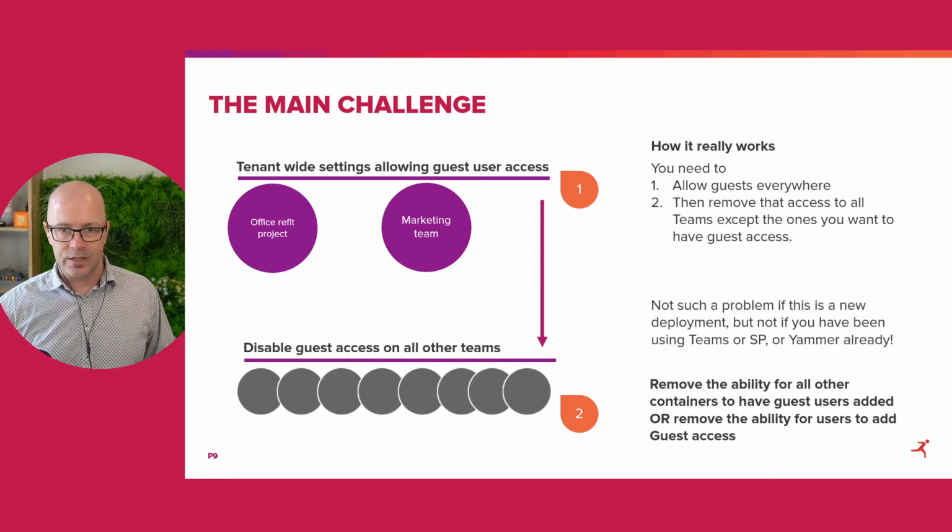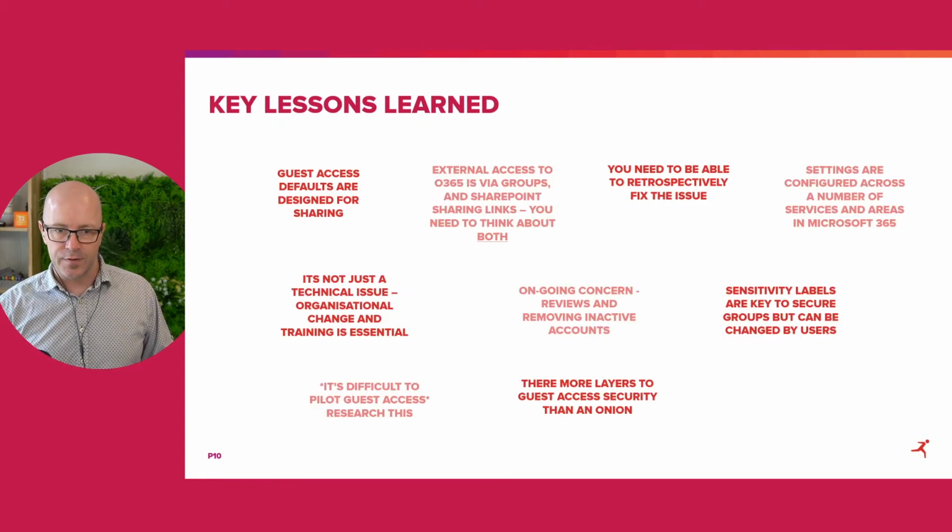And so this really is quite topsy-turvy in terms of how we usually think about it. Now it's not so much a problem for deployment, but when you're thinking of Teams, SharePoint sites, and Yammer groups that you might already have within your organization, there's quite a complication about having to go back retrospectively and fix that.